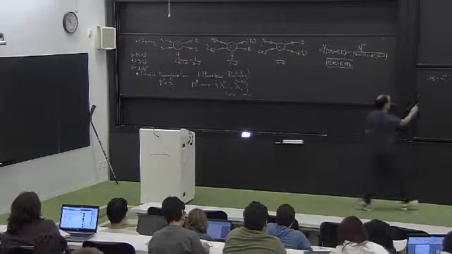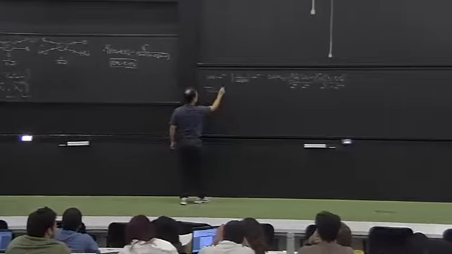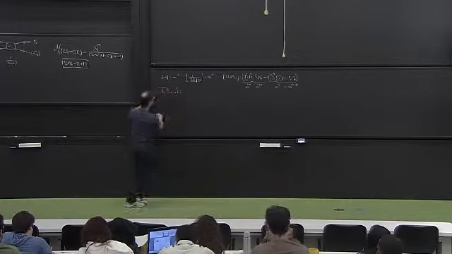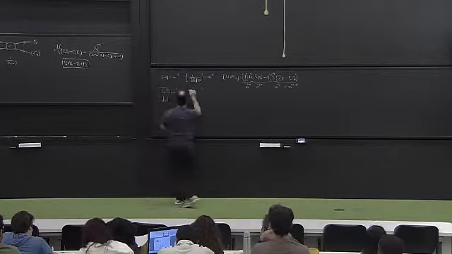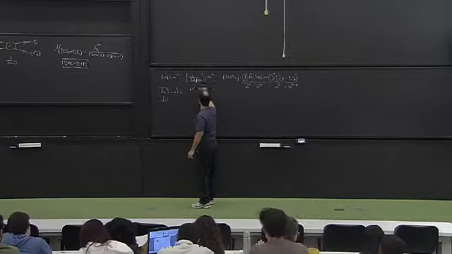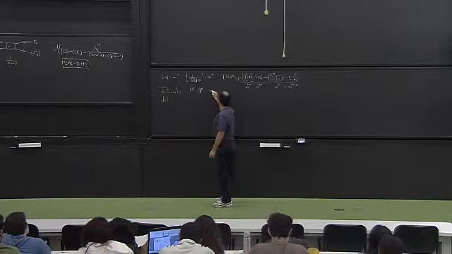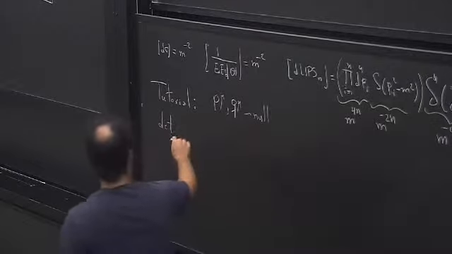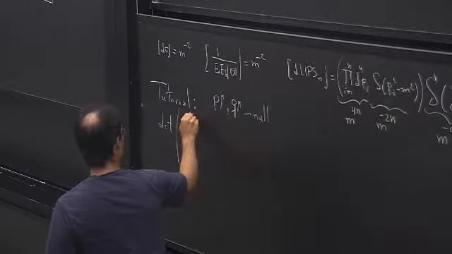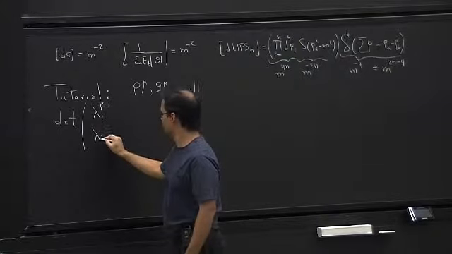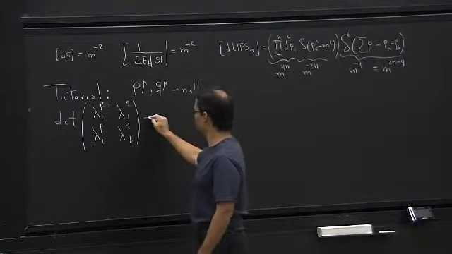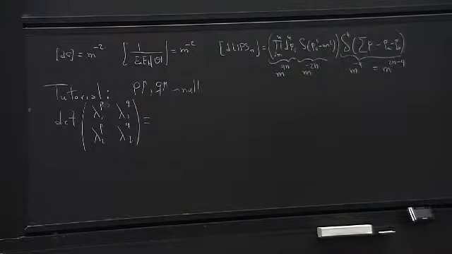And in the tutorial, you were asked to show the following, that if you take the determinant, say, given two vectors, P mu and Q mu, which are null, and the corresponding spinors, lambdas and lambda tildes, you were asked to show that this determinant was invariant under multiplication by SL(2,C), okay?